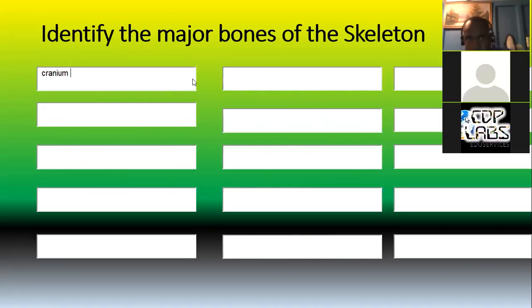Sir, I'm not sure how it's pronounced. Mandible, the lower jaw. Lower jaw, mandible. Okay. You want to spell it for me then, since you're not sure? Mandible. M-A-N, yes.